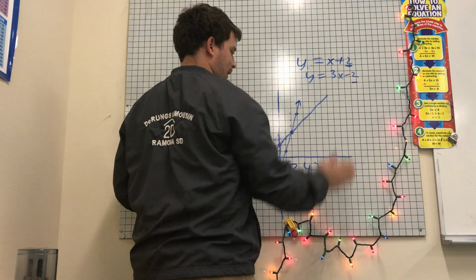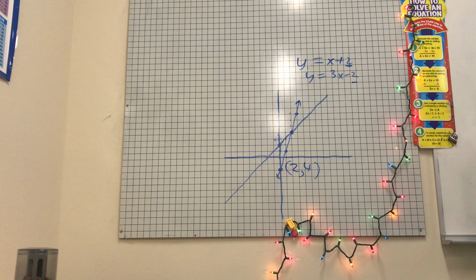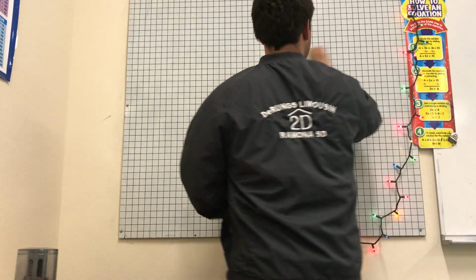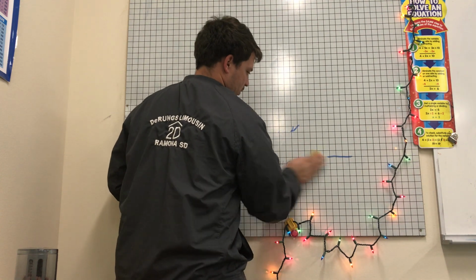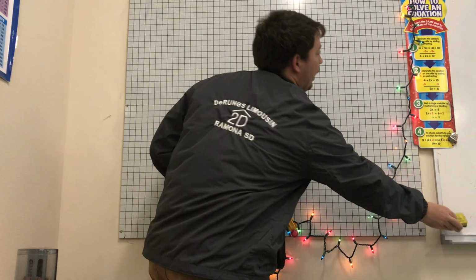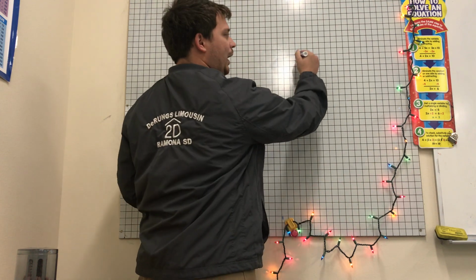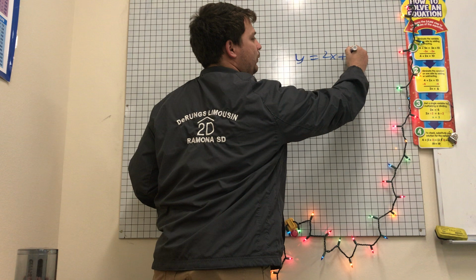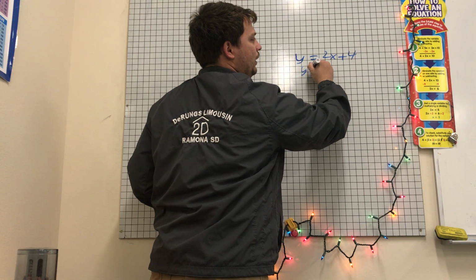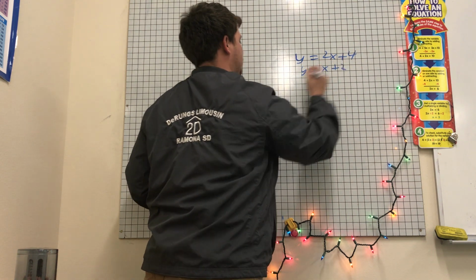Okay, the next problem we're going to do, instead of moving you over, I'll just write it up here. It is going to be y equals 2x plus 4 and y equals x plus 2.